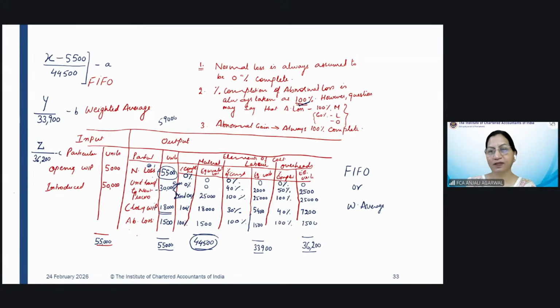Therefore, if nothing is mentioned, we'll assume it to be 100% complete. Similarly, if normal loss can be sold at 1 rupee per unit, we will assume the abnormal loss also to be sold at 1 rupee per unit if no separate rate for abnormal loss sale is given, which 99% will not be given. Okay.